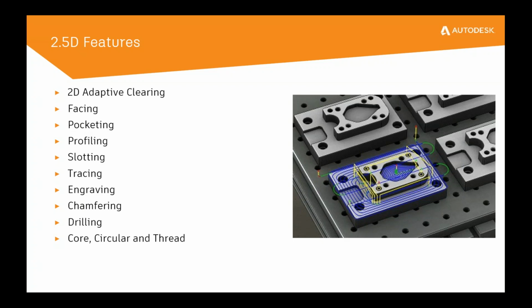But you see the parts on the screen there. You've got holes being drilled, faces being machined, contours being cut, pockets being done, threading. Your 2.5-axis machining will do a lot of basic parts.